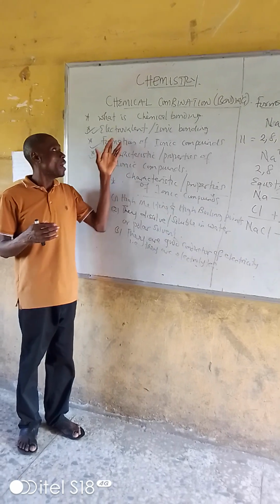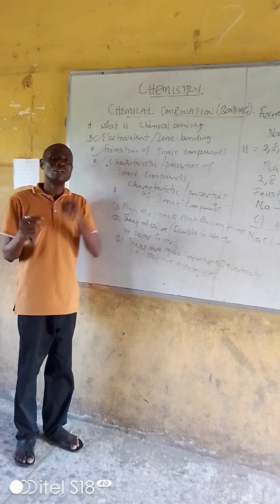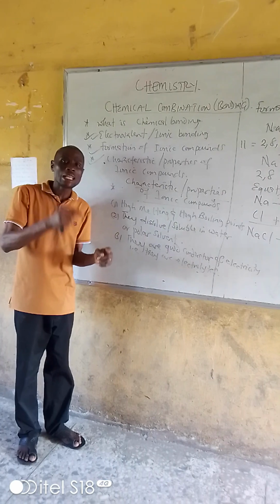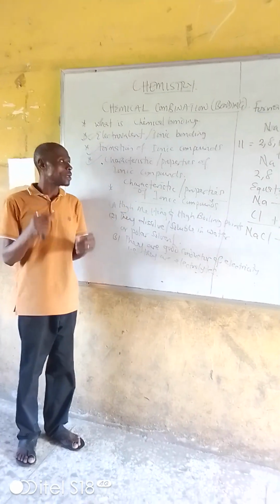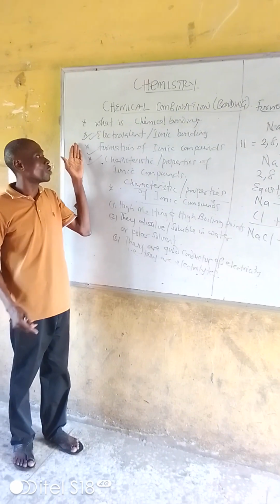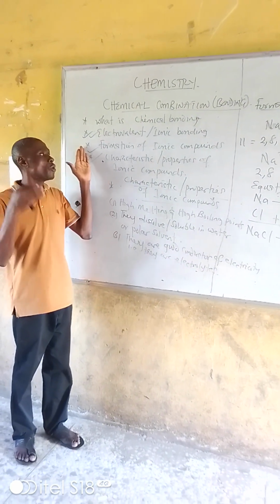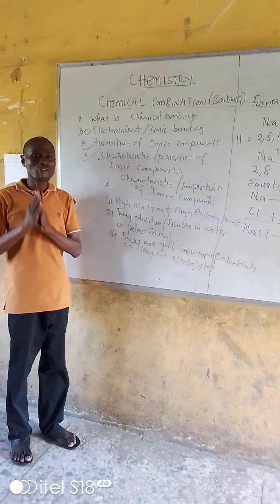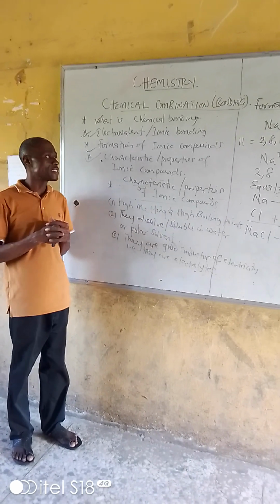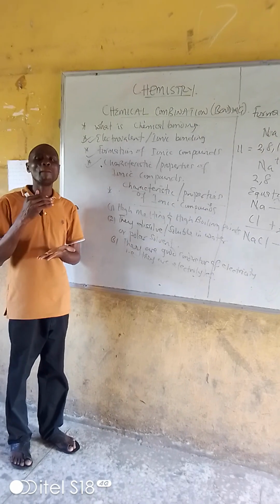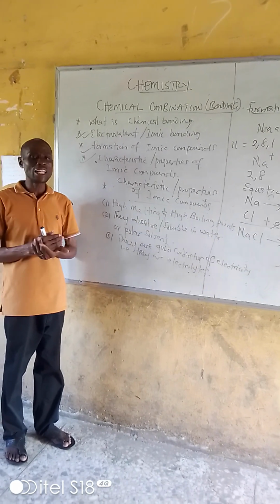But today we talked of electrovalent bonds, which is the transfer of valence electrons from one atom to another. We have talked about how ionic compounds are formed. Thirdly, we talked about the characteristics of ionic compounds. So we are able to achieve our learning objective.